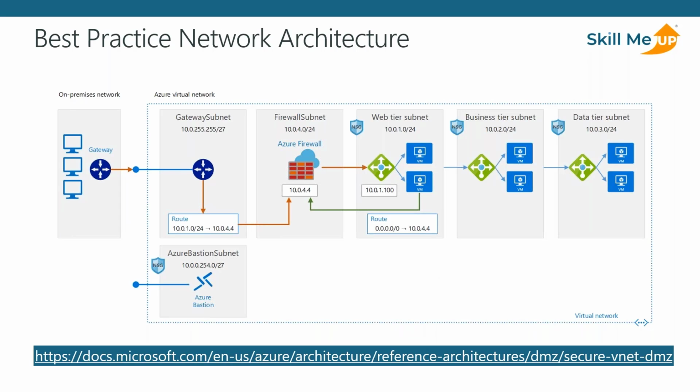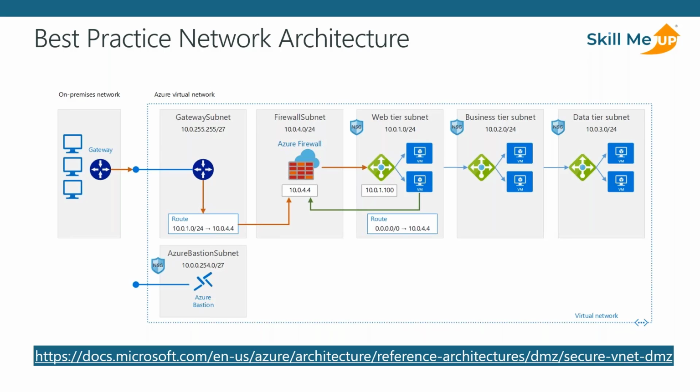As we isolate everything, you can see we have the web subnet here, which is going to have public traffic traversing, and we have a load balancer that is going to be publicly accessible and can route to the virtual machines. We have our business applications here, where our internal users are going to access, and then we have our database level here.